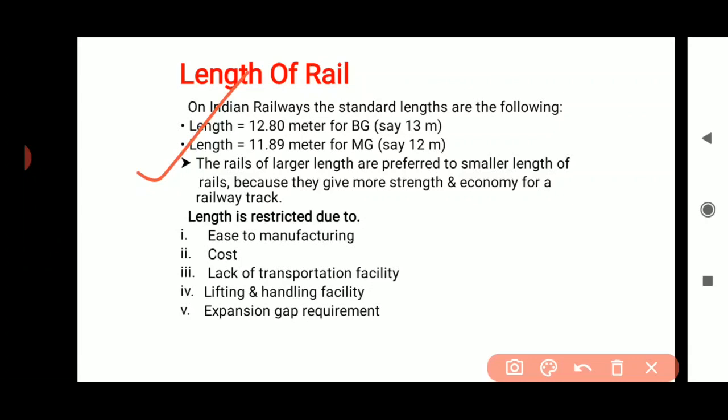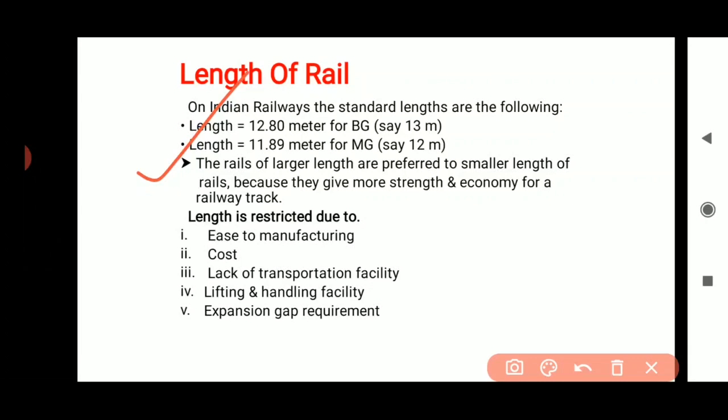So if we use larger length of rails, there will be fewer joints, and therefore fewer fish plates and fish bolts, which decreases the maintenance cost and provides smoother running of trains and more comfort to the passengers.